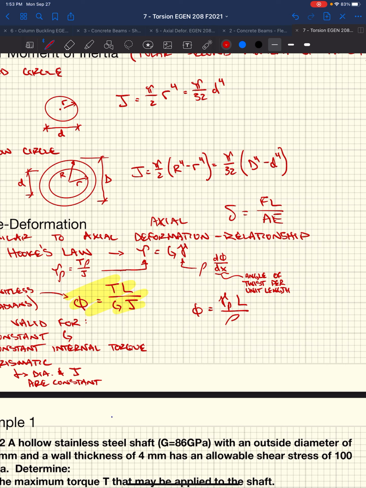The angle of rotation is also a function of the shear strain times the length over the distance we are looking at from the center. We can also say shear stress at a given radius times the length over that radius times the shear modulus also gives us our angle of rotation.